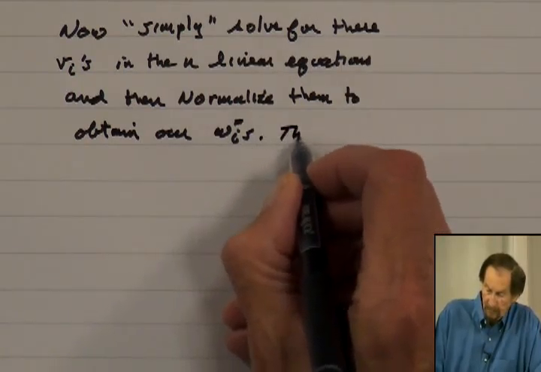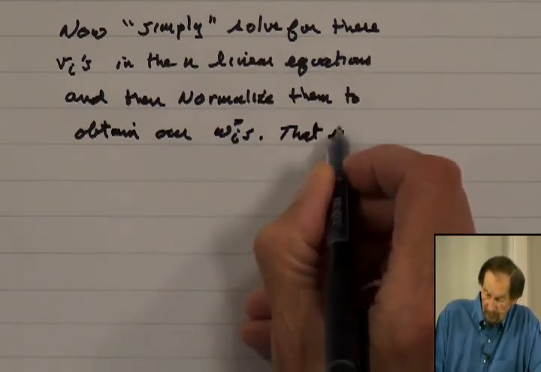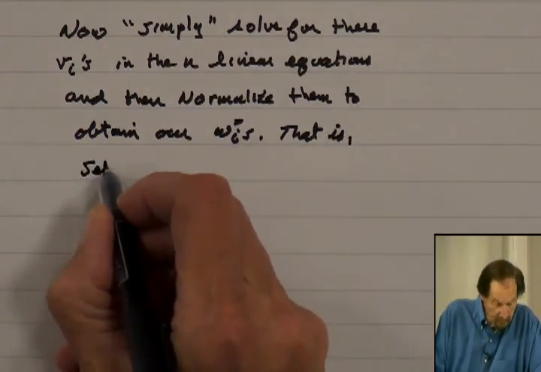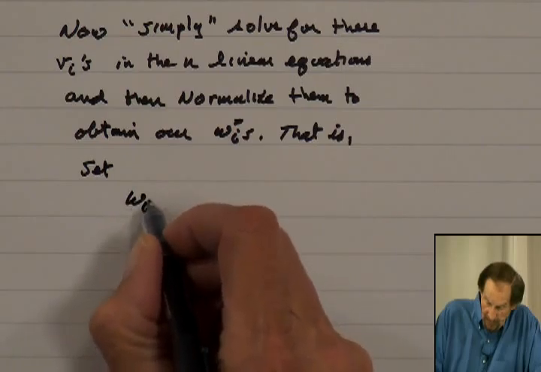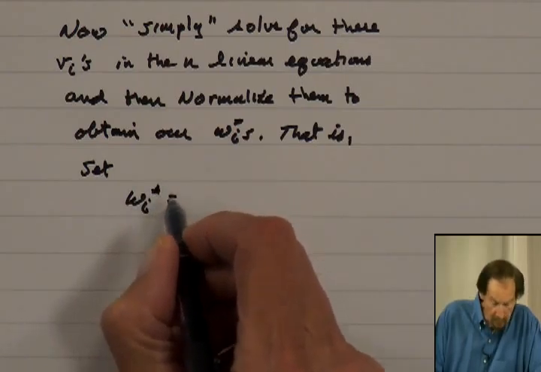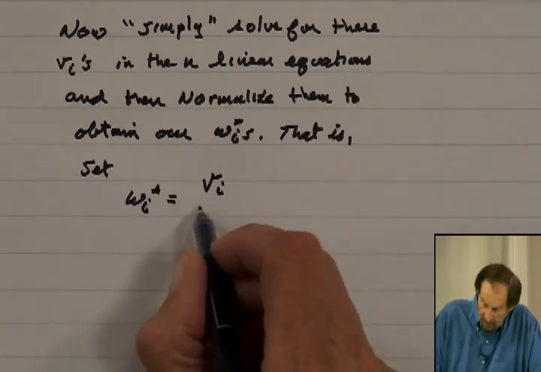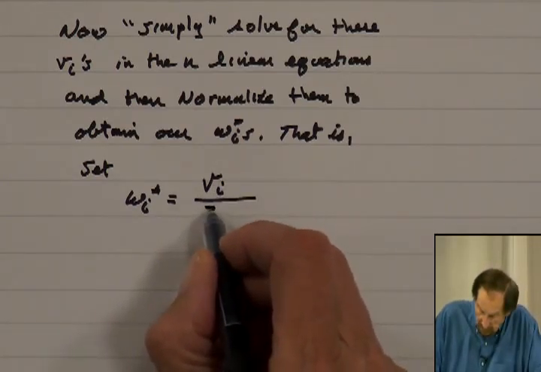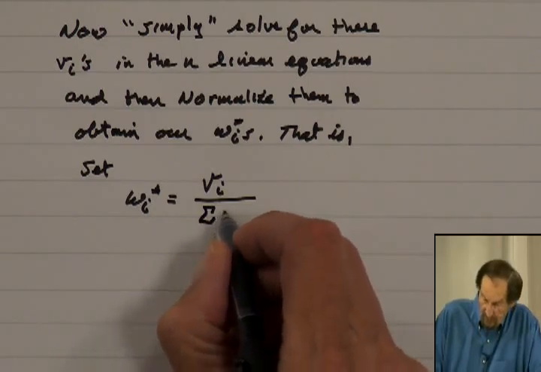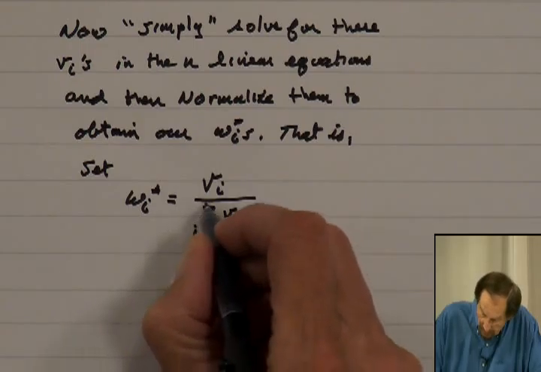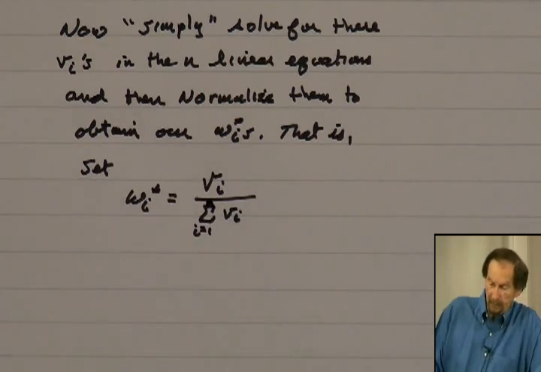That is, set wi star equal vi over the sum of the vis, i equals 1 to n. Okay.